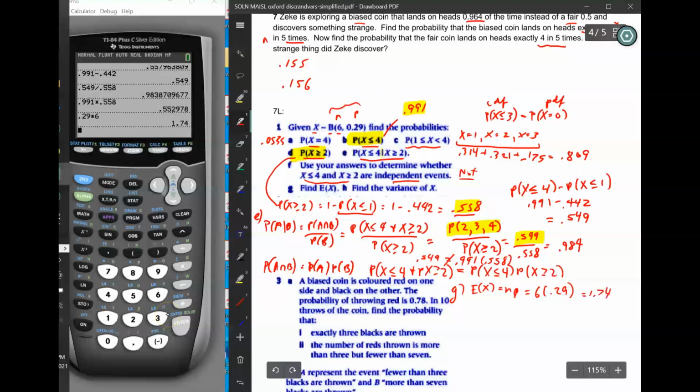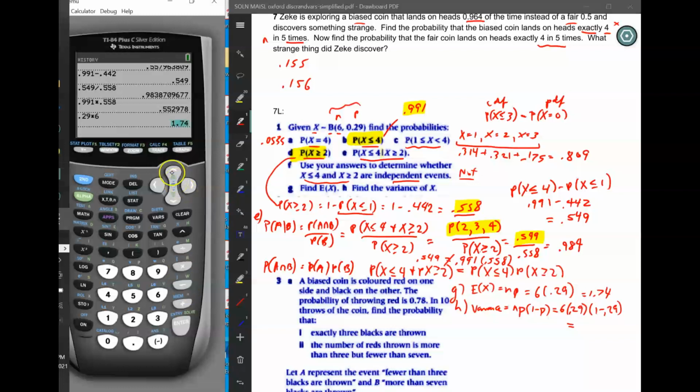And then for part H, which is the variance, you're looking for the formula in the formula booklet, which is NP times 1 minus P. And so again, you already know N and P, so this is quite easy. 6 times 0.29 times 1 minus 0.29. So we can do that pretty easily too. And 0.29 times 6, we already did that, it's 1.74.